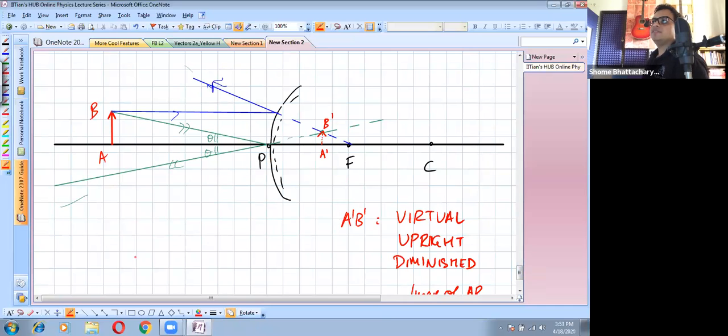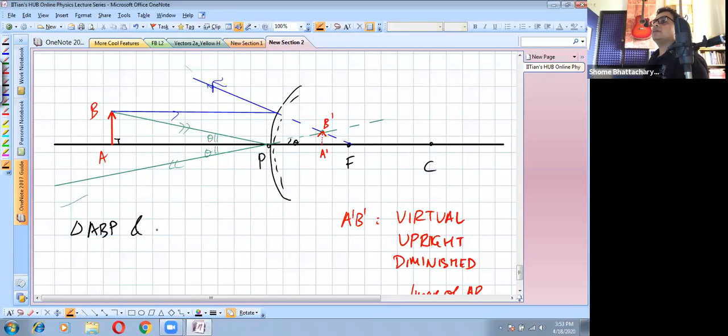So once again, for magnification, you can see that you have 2 right angle triangles which are congruent. So first, let us derive the magnification formula. Triangle EBP, that is a right angle triangle subtended by the object, and A prime B prime P, they are congruent because this angle is the same as that angle.